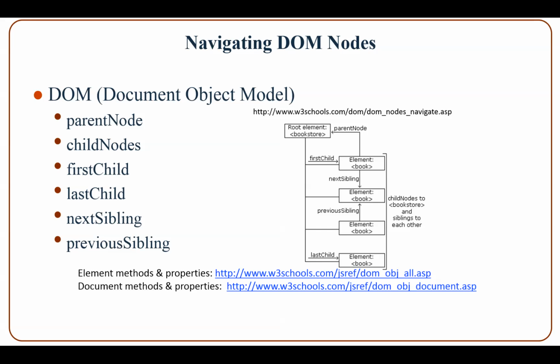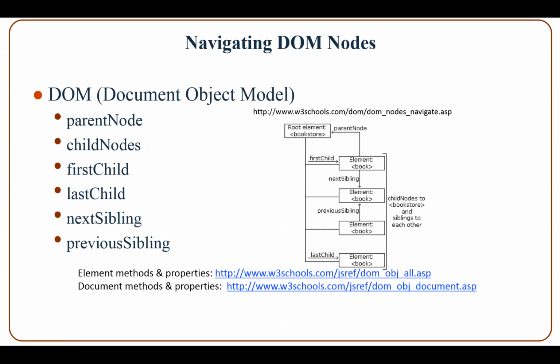The nextSibling property refers to the next element of the same parent, and previousSibling property refers to the previous sibling of the same parent. From the root element, lastChild refers to the last child element.